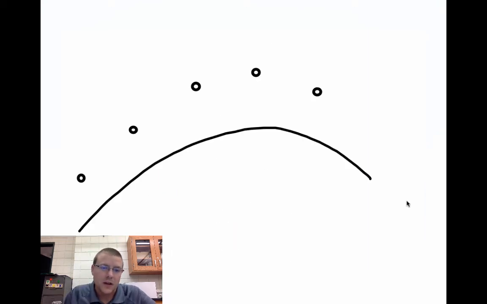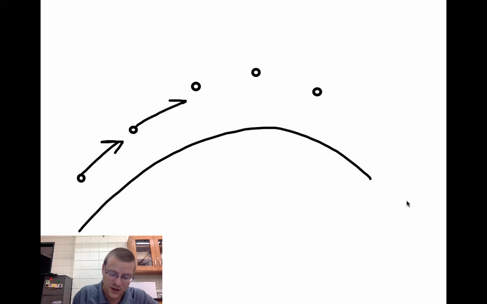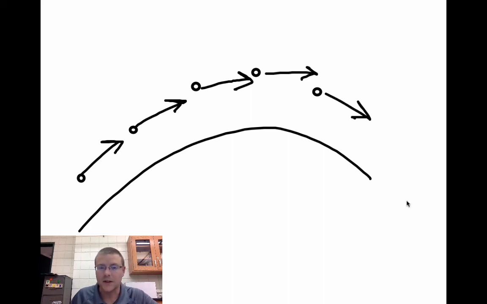Scenario, imagine a car going up and over a hill. As the object is coming up and around the bend, our velocity vectors are changing as we go up and around that curve. If we pick two velocities, these should show us that we have a change in velocity, or an acceleration, in a particular direction. So if we call this VF and we call this VO, we do our vector subtraction, change in velocity is final minus initial.